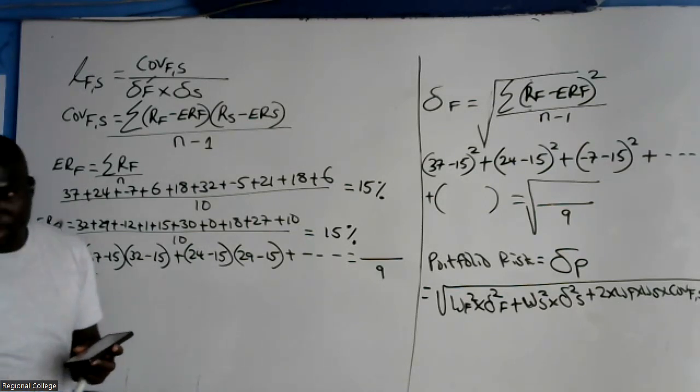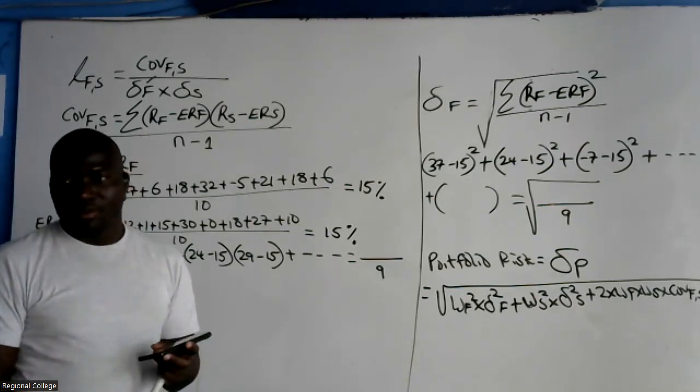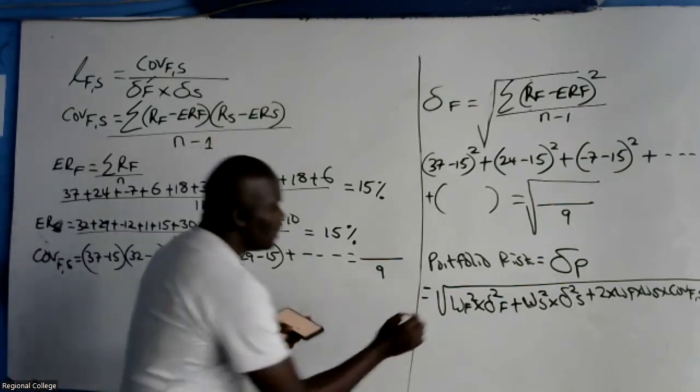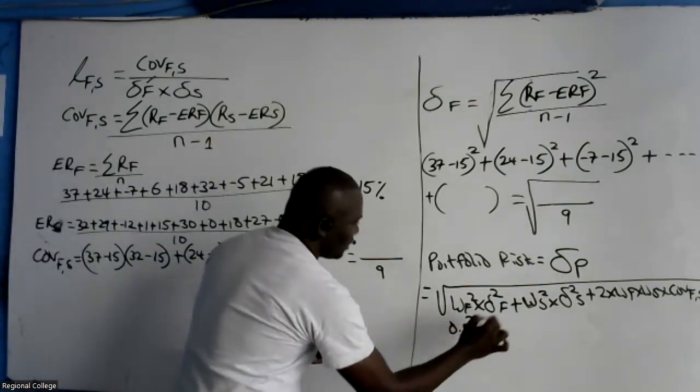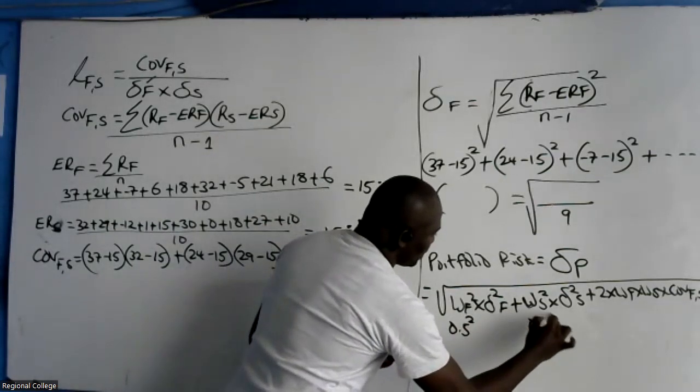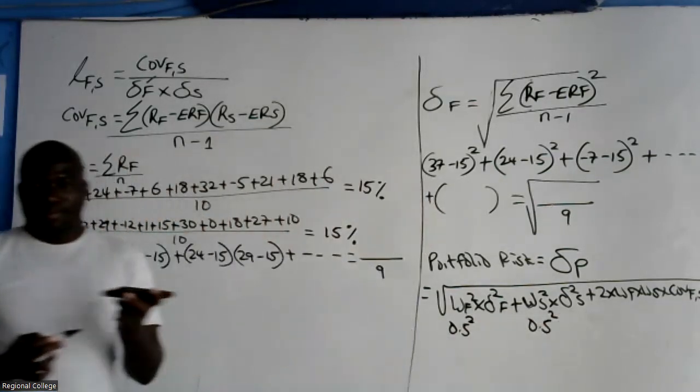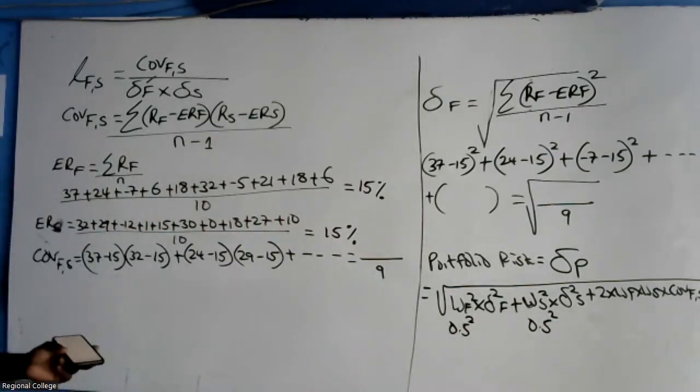So if it is equal weightings, it is half and half. So weight of F will be 0.5, weight of S is also 0.5. The standard deviations you will have obtained.